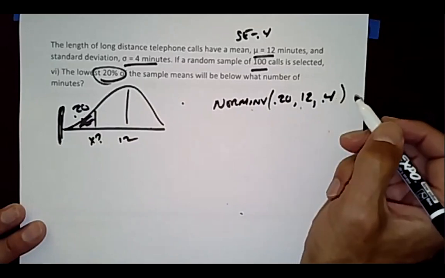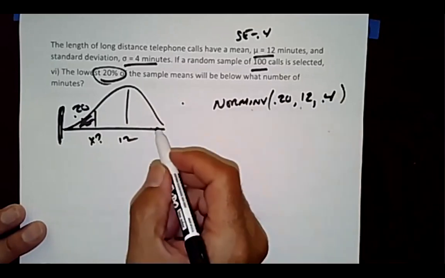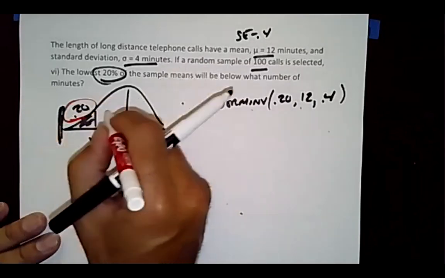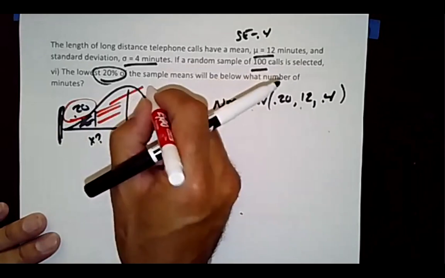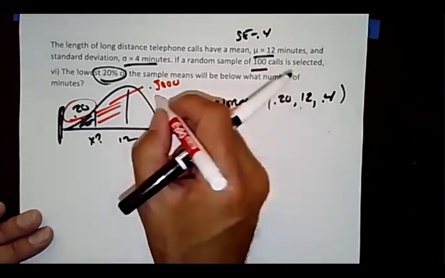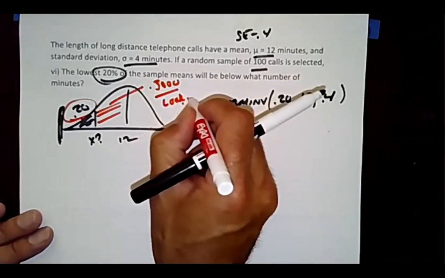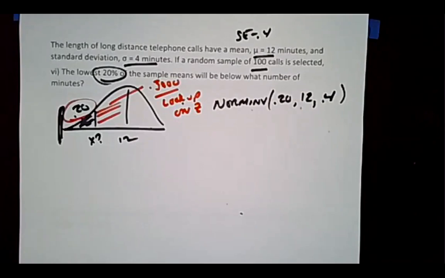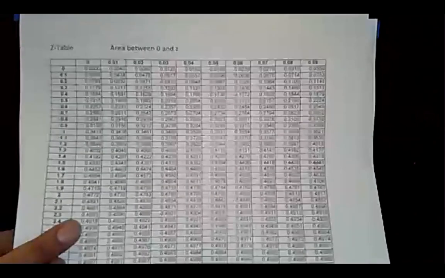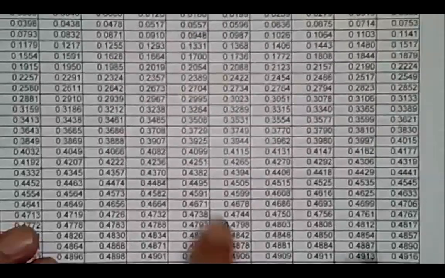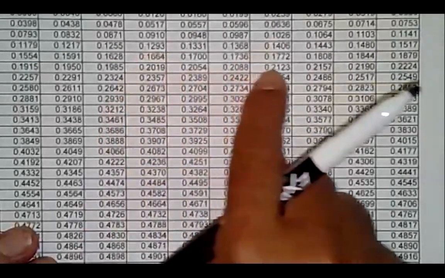Now this one we do a little bit differently, because if this is 20%, what is this area here? 0.3000, so you need to look up that value on the Z table. Look for 0.3000.